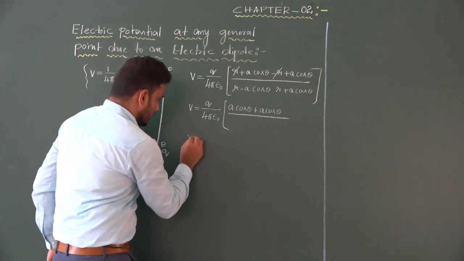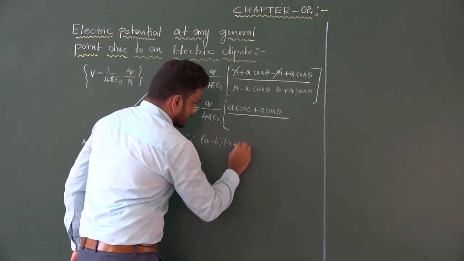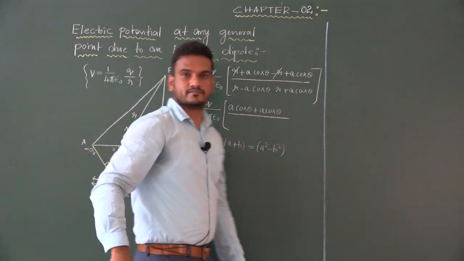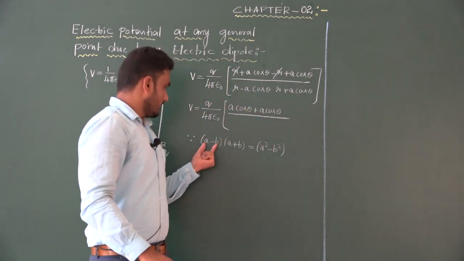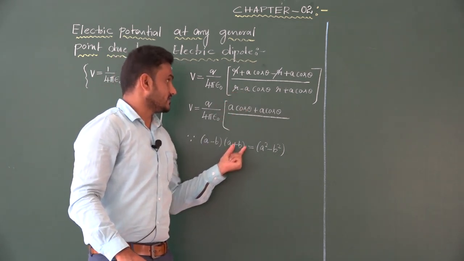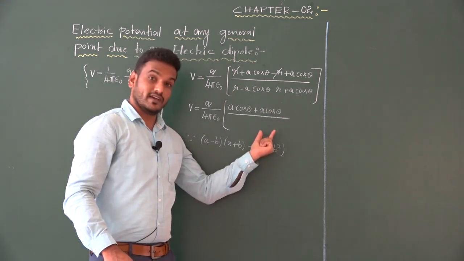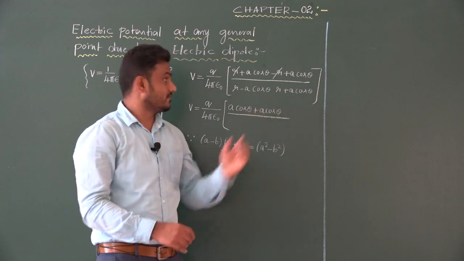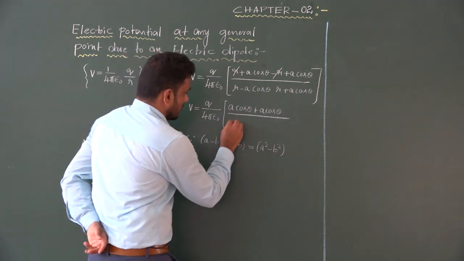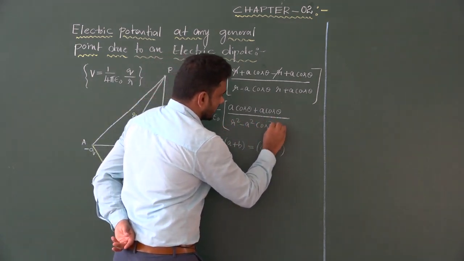From the relation (a minus b) into (a plus b) equals a square minus b square, here in the place of a minus b we have R minus a cos theta, in the place of a plus b we have R plus a cos theta. So it becomes R square minus a square cos square theta.